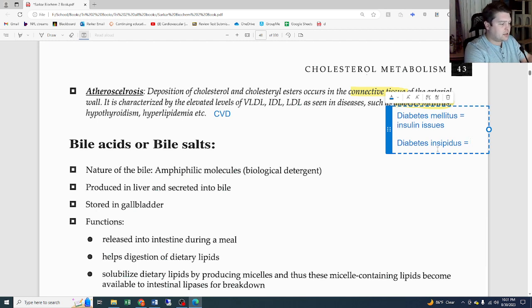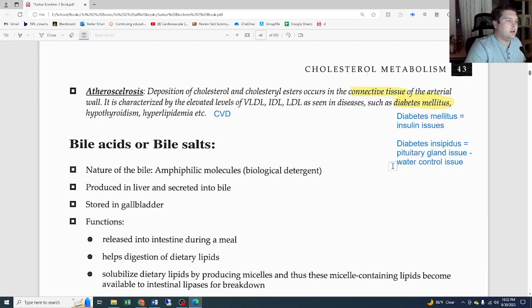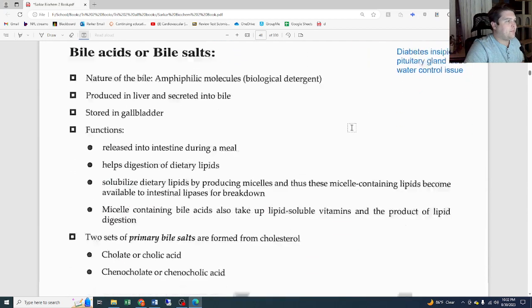Diabetes insipidus is a pituitary gland issue. It's called a water control issue, where your body has trouble regulating the water supply inside of the body.